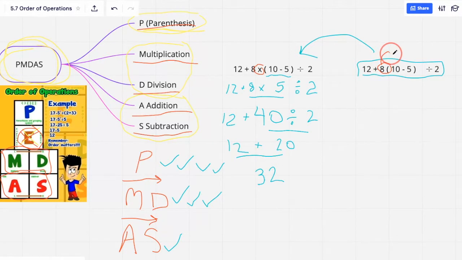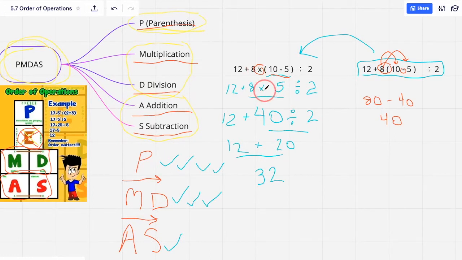We're telling ourselves that 8 times 10 is 80. 8 times 5 is 40. Subtract those two, and you get 40.